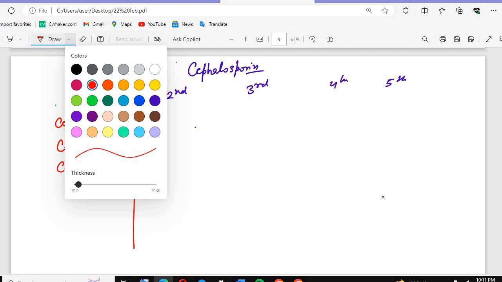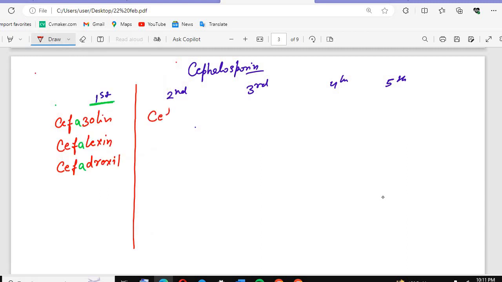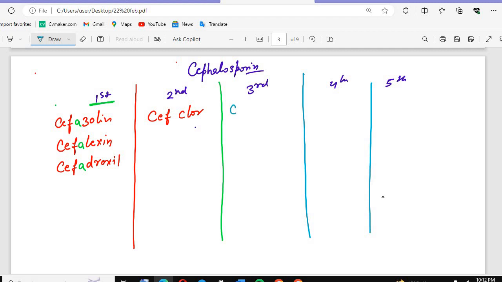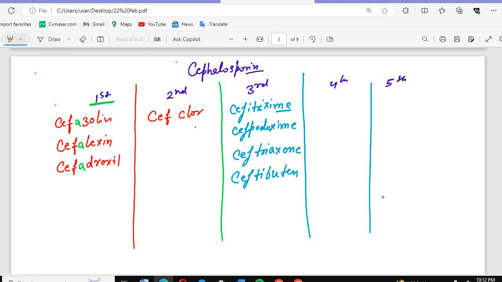In the second generation we have cefaclor, I will tell you about that. First remember the third one, because the second has many. In the third generation you need to remember cefotaxime, me is there, then cefpodoxime, ceftriaxone, and ceftibuten. So here you can see we have me 110.